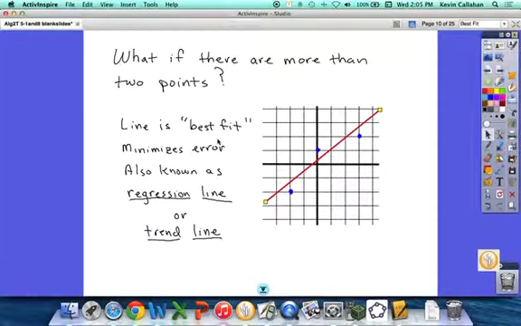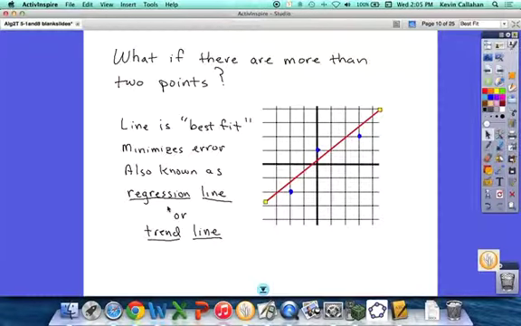Or in this section in the book, in 5.1, actually this is going back to like 2.6, they call it a trend line. The trend line. But the real name for it is a regression line. Do you remember when you went to that menu, Stat Calc 4? What did it say? It said LINREG. The REG is for regression.